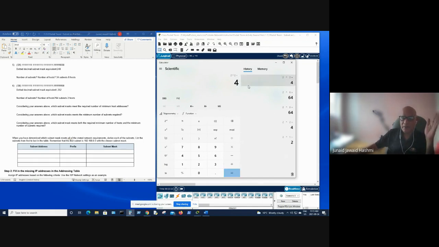And remember, the usable IDs are the total number of IDs minus 2, because the first ID belongs to the network and the last ID is the broadcast ID. So 4 minus 2 equals 2. Okay. 64 subnets and 2 hosts.